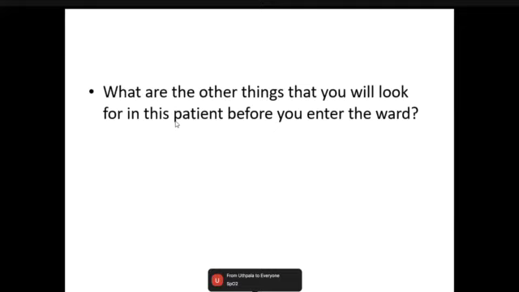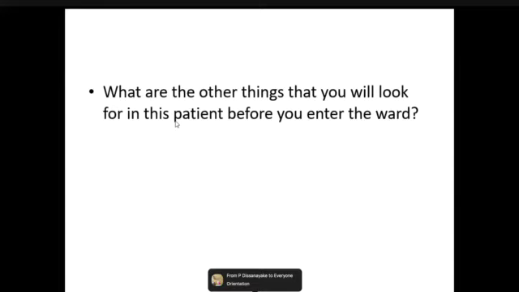Okay, SpO2, yes, but only if the patient is already on a monitor, otherwise you have to go near the patient. Okay, yes, you have to check the overall appearance.